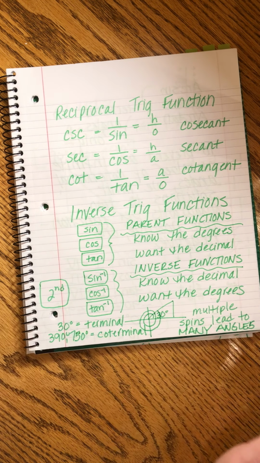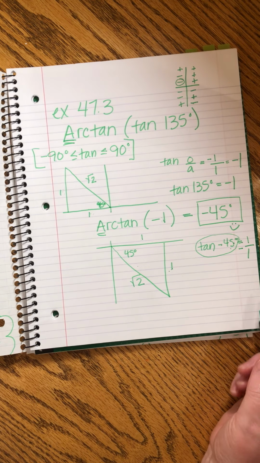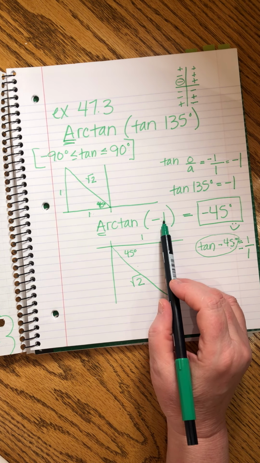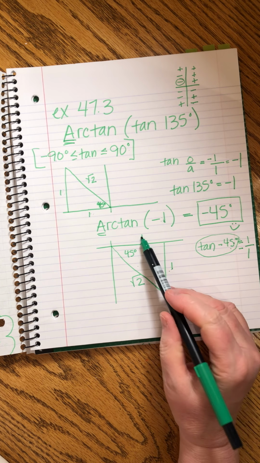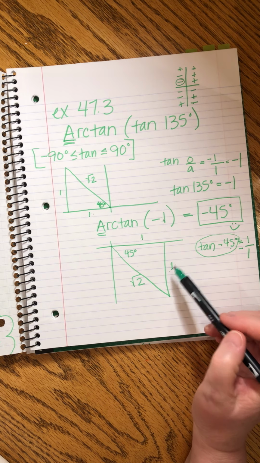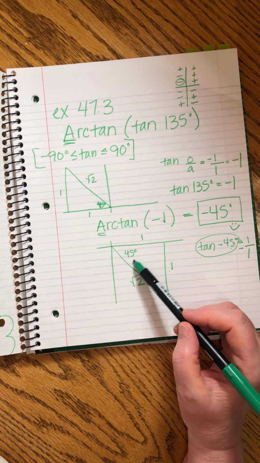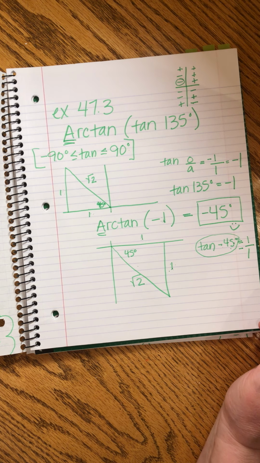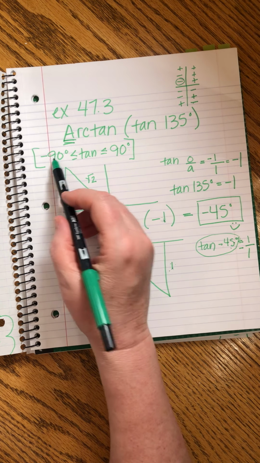And that's exactly what we did in this problem. We knew that the fraction or the decimal had to simplify to -1, and we knew this triangle would be the one that would get us that, right? 1 is equal to 1/1. And then we used that to figure out what size angle it would be, and we wrote it as a negative angle, all right? And we knew it had to be in the fourth quadrant.